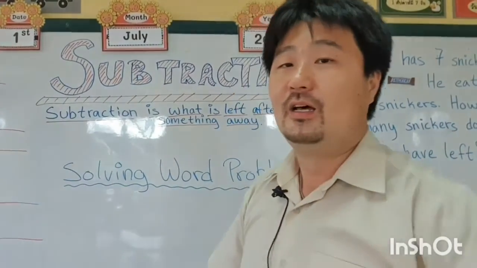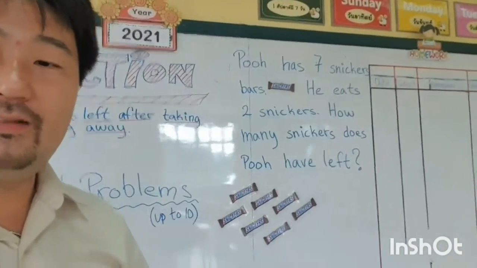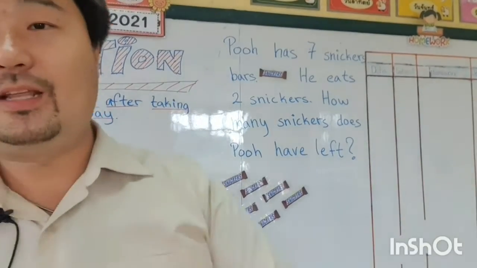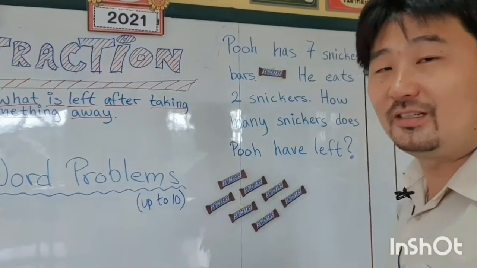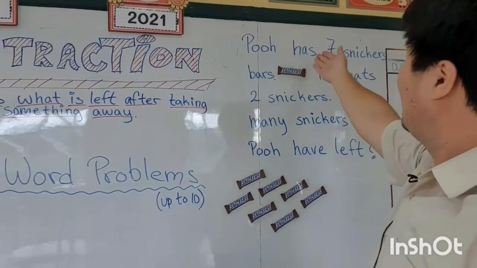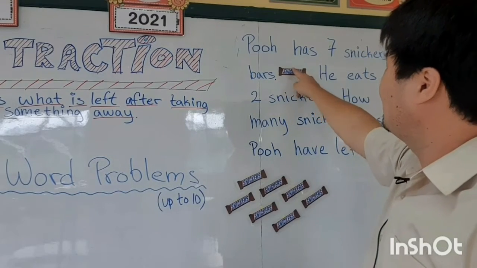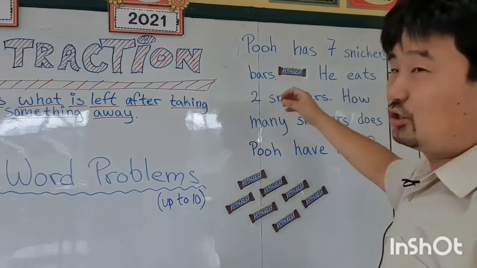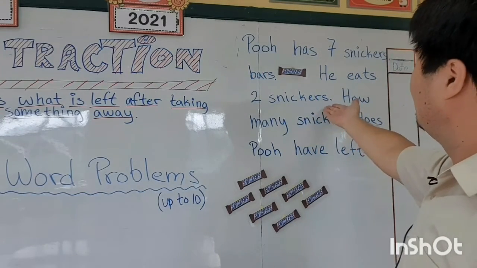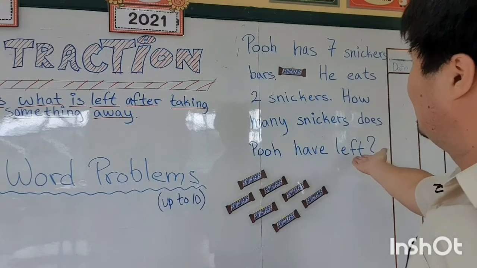Okay, so now if you look on my left here, I have written down a word problem. I will read it to you if it's too small to see. So, Pooh has 7 Snickers bars. This is a Snickers bar. It's a chocolate bar. He eats 2 Snickers. How many Snickers does Pooh have left?